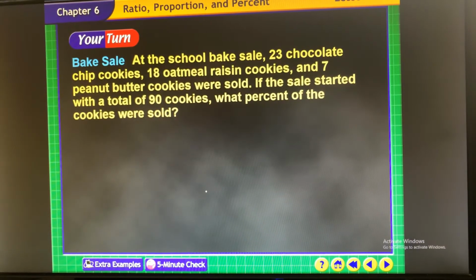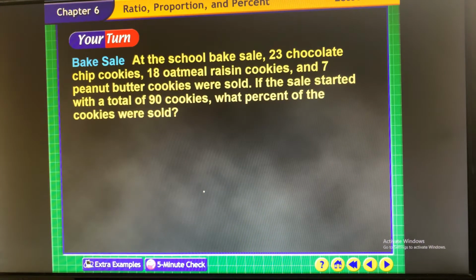At the school bake sale, 23 chocolate chip cookies, 18 oatmeal raisin cookies, and 7 peanut butter cookies were sold. If the sale started with a total of 90 cookies, what percent of the cookies were sold? So go back and tell me how many of those cookies were sold.